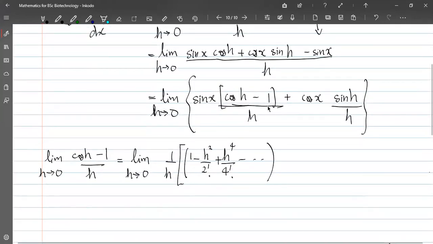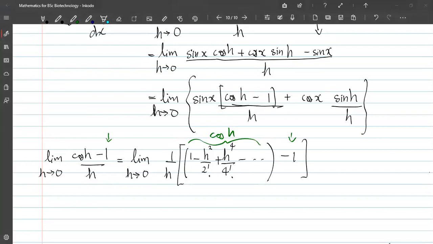So what we do is find this limit separately, cos h minus 1 by h. For that, we need the cosine series expansion. So 1 upon h is here, and then this is the expansion of cos of h. Okay. And then you have this minus 1. Now, this 1 and this 1 get cancelled.